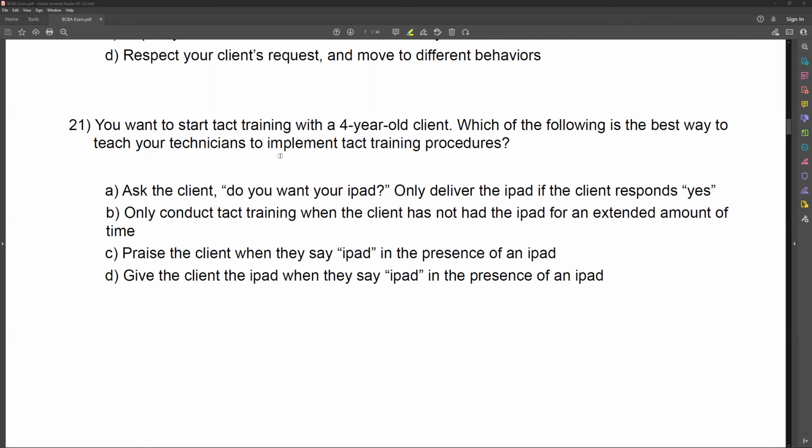You want to start TACT training with a 4-year-old client. Which of the following is the best way to teach your technicians to implement TACT training procedures? On the surface, very simple question, right? It's a simple verbal operant question.